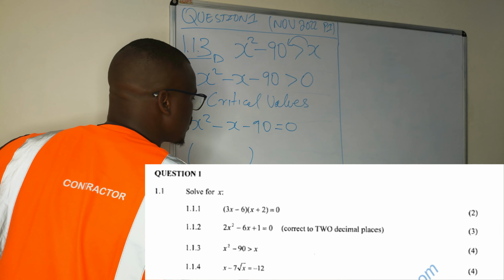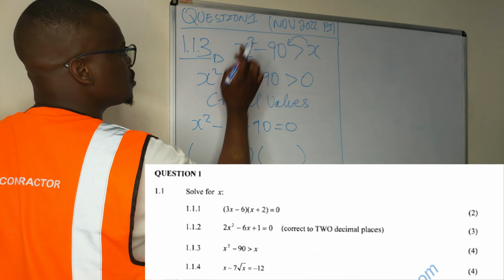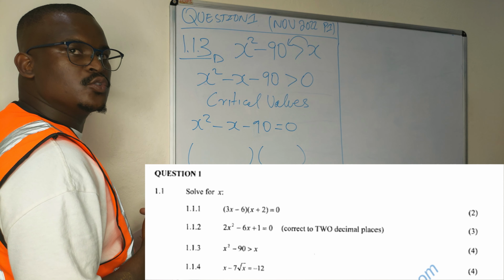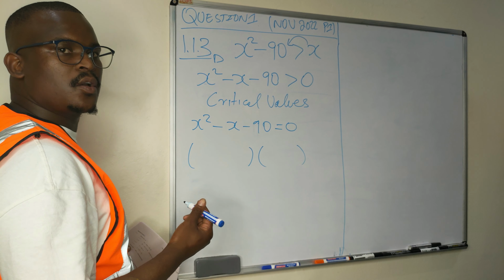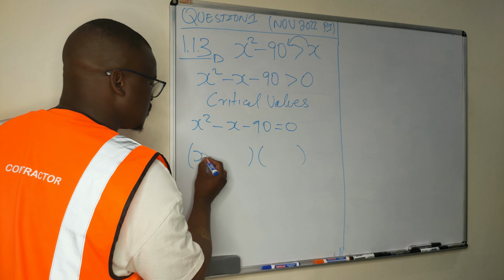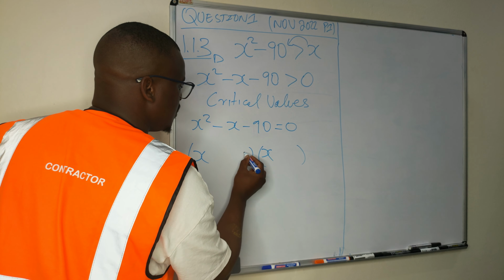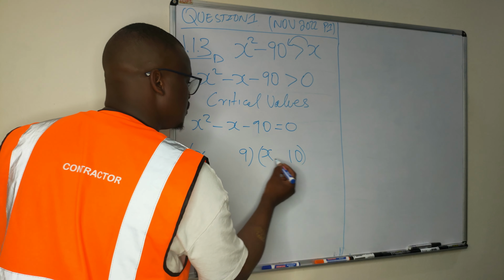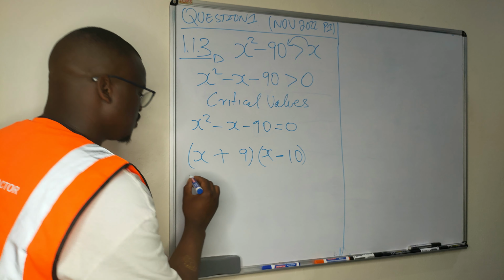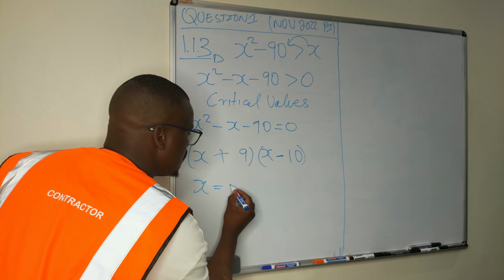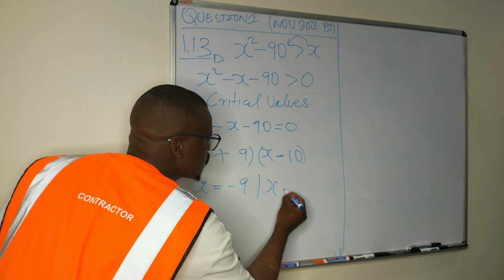Factorize this, or you put it in a quadratic equation, because this is similar to 1.1.2, the one where we use the quadratic equation. You can use the quadratic equation here if you can factorize. So x, we have 9, we have 10, minus, we have plus. So x is equal to minus 9, x is equal to 10.